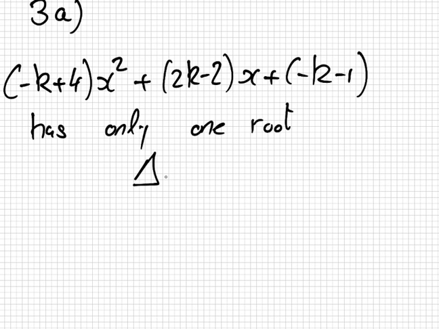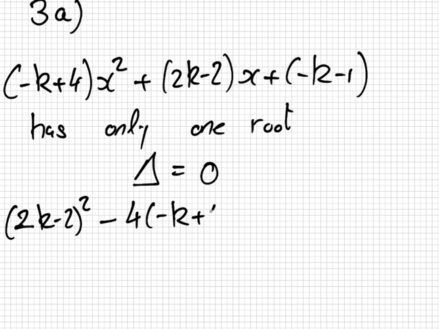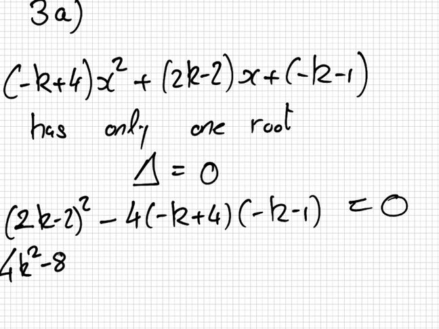In this case, you're told it and you need to find k. So the discriminant equals 0. Very good. Discriminant equals 0. So that means b squared minus 4ac needs to equal 0. So you get 4k squared minus 8k plus 4 minus 4 brackets. So now we'll multiply these two together.